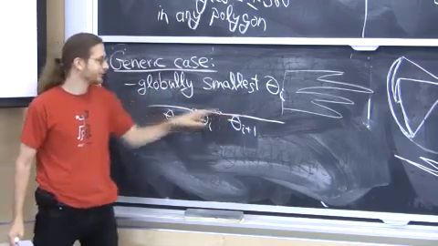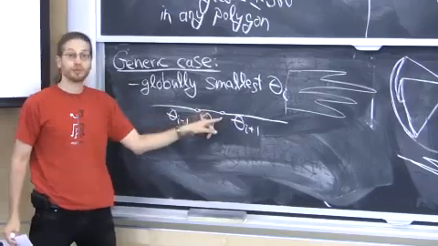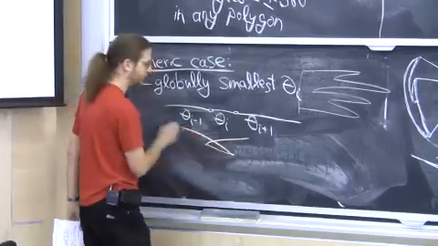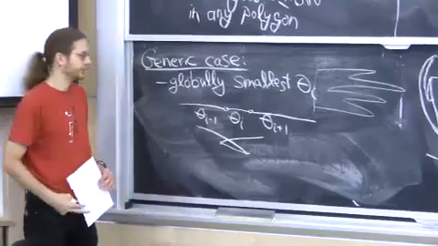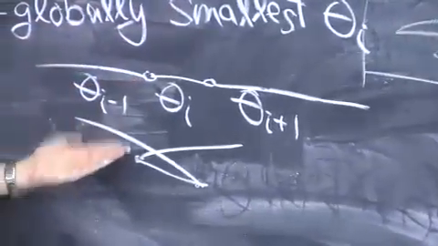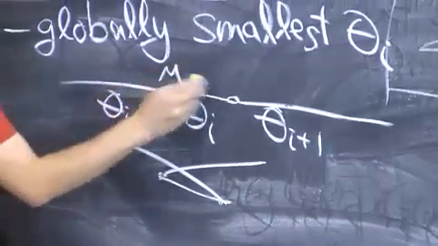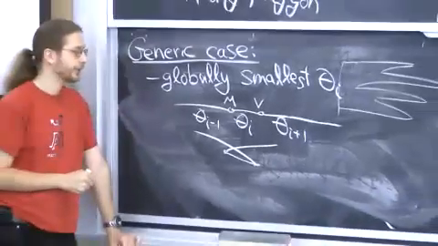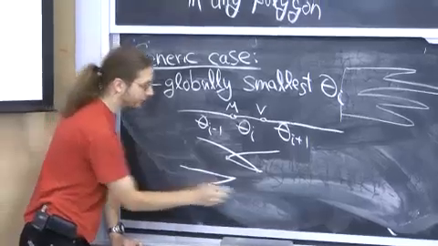Think about what happens if this is small, these are bigger, and you try to make these both valleys or both mountains. That's, of course, bad. This is one of the situations we had in the one-dimensional case. I mean, really, this is a circle, but I can think just locally about what's happening here. So in this situation, one of these must be a mountain, and the other must be a valley. I don't know which order they are, but I know they're different. And then I know I can apply one of these crimps.